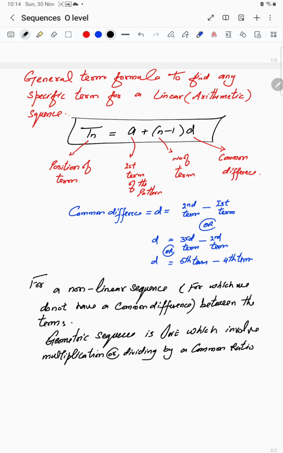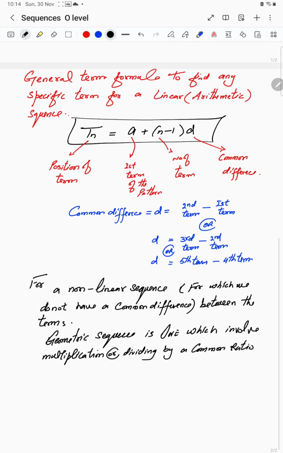So far, first we did the linear sequence, that was the arithmetic sequence, and in that only addition and subtraction of basic operators can be used. But the other two mathematical operators, multiply and divide, can be used for the sequence that is called a geometric sequence.